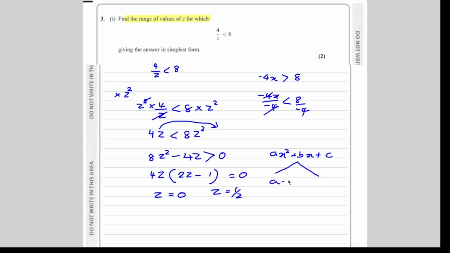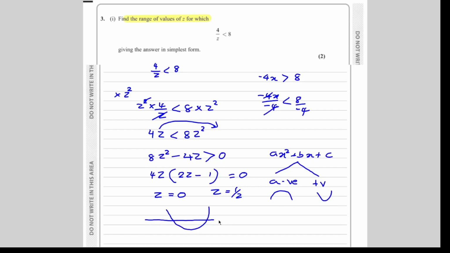If a is negative, negative is sad, right? Sad face is this way. Positive is happy, happy is this way. So in this case, a is the coefficient of x squared, which in this case is z squared. It is positive, then it is happy, then we are having a minimum curve.